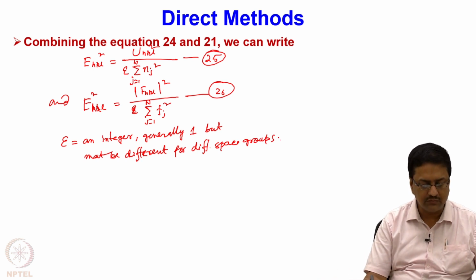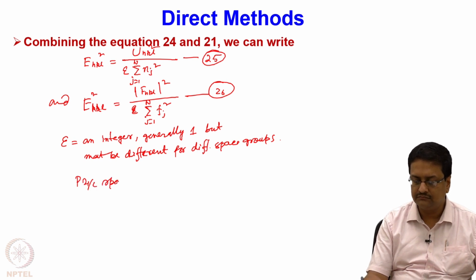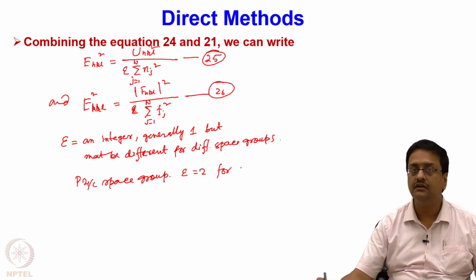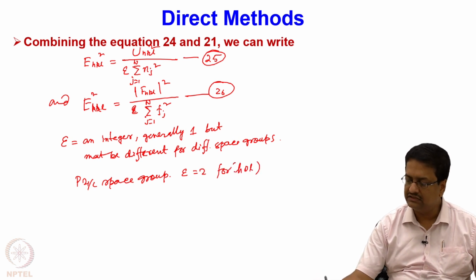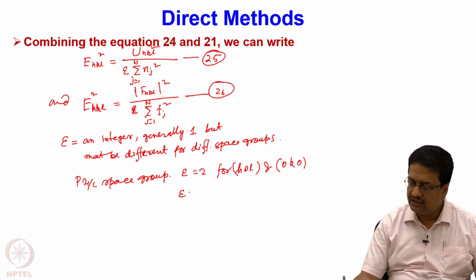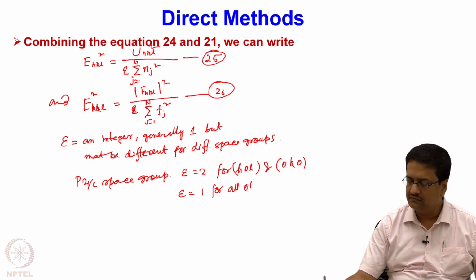So, for example, in case of P21 by C space group, epsilon is equal to 2 for the H0L set of reflections and 0K0 set of reflections, and epsilon is equal to 1 for all other HKL.